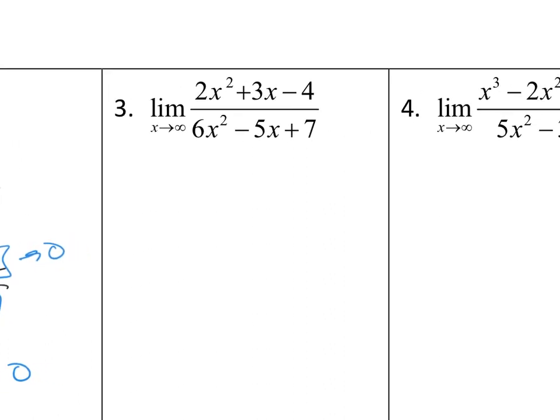So taking a look at example 3, the highest power, in this case, is going to be the x squared. So we are dividing each term by the x squared.